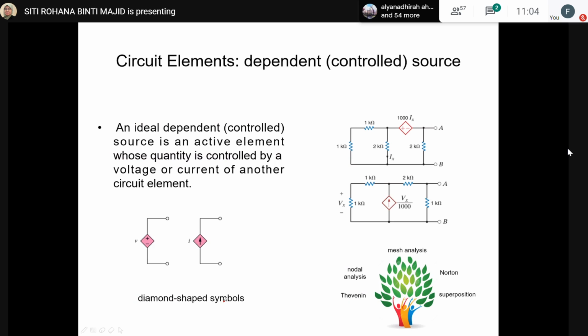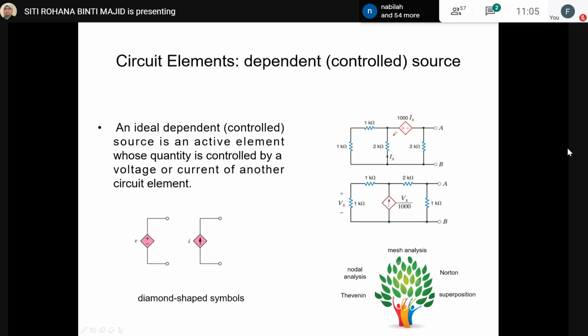That is a simple definition of a dependent source. This is to show that dependent refers to a controlled source, which is an active element controlled by the voltage or current of another element. So this is an example of a circuit in which you have a dependent voltage source here.